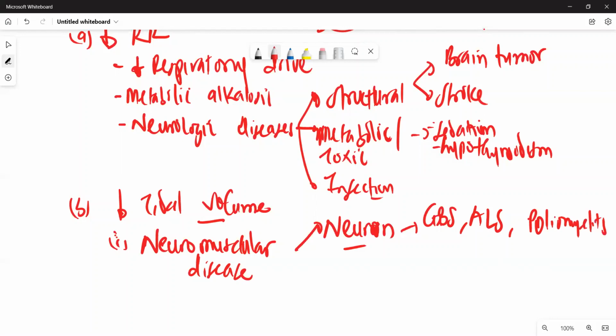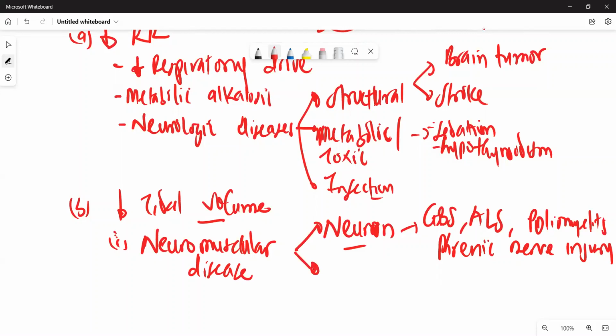Poliomyelitis destroys the anterior horn, also called the ventral horn, and as a result the signal cannot pass through to get to the diaphragm. And of course, if somebody just had a recent CABG and there's damage to the phrenic nerve, phrenic nerve injury, because the phrenic nerve is what keeps the diaphragm alive, that will also lead to hypoventilation.